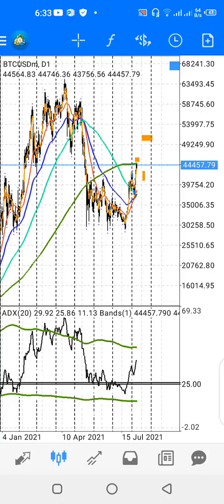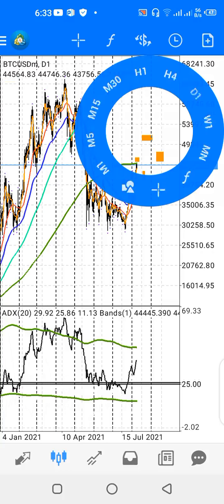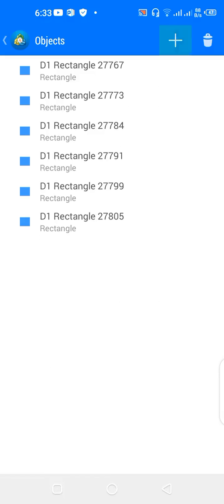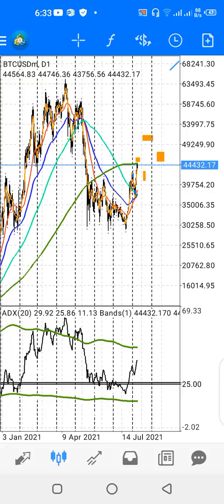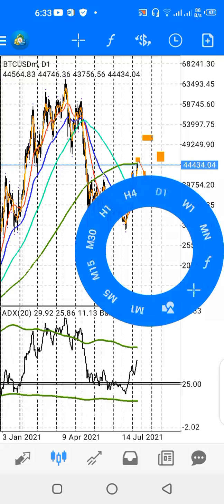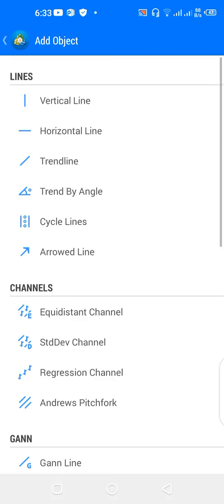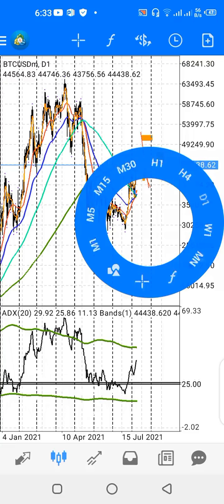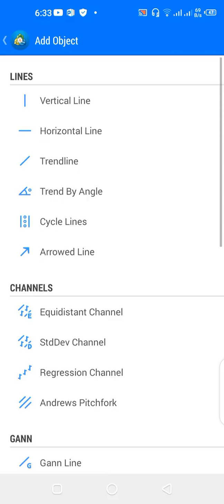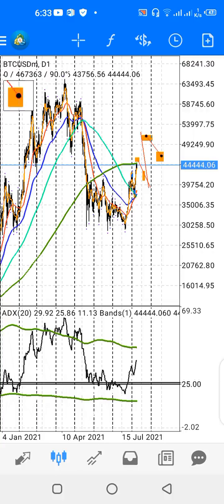I may be wrong along the line, but if I'm going to plot the direction with my lines, it comes down this way, then goes up that way, comes down this way, and then continues up.